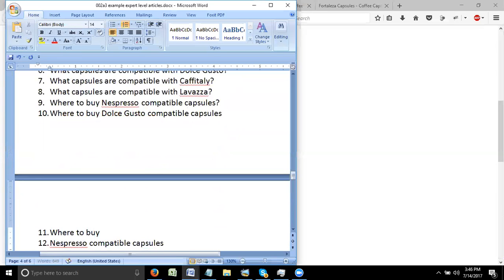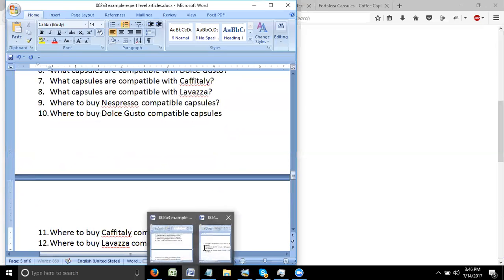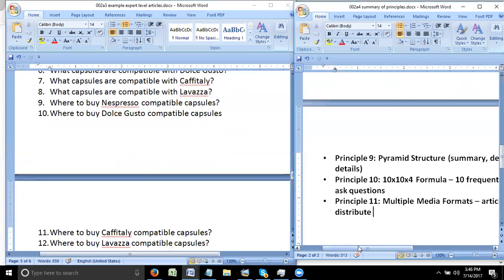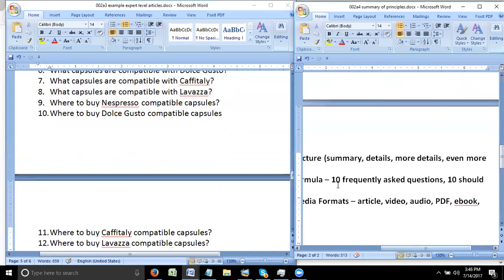Where to buy Fitili compatible capsules. And where to buy Lavazza compatible capsules. So again, which principle are we using at this point? We are using the 10 by 10 by 4 formula, and we are talking about the 10 frequently asked questions.